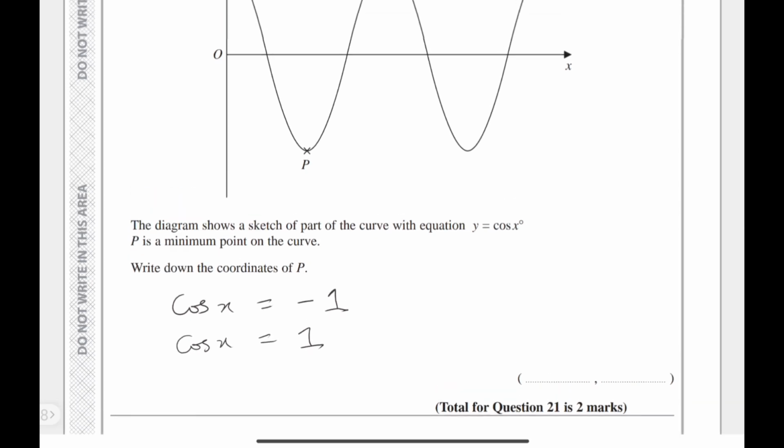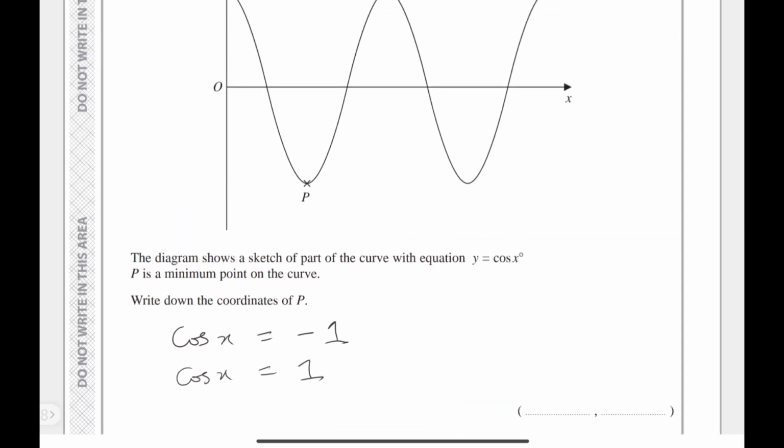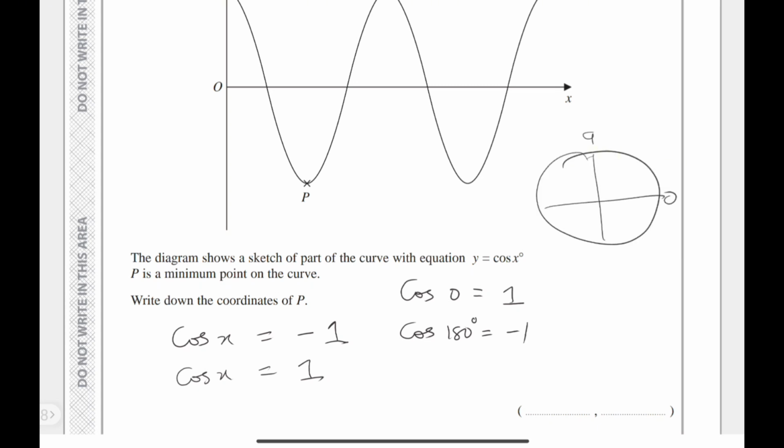So since this is the minimum, all we have to do is to ask ourselves, if cos 0 is equal to 1, so that means the opposite of that will be cos 180 degrees, that will be equal to -1, because on the quadrant, this is 0, this is 90, and this is 180 degrees. So if cos 0 is 1, then the opposite of that will be -1, which is cos 180 degrees, because this is our x-axis.